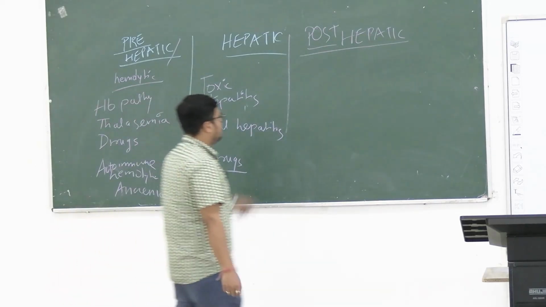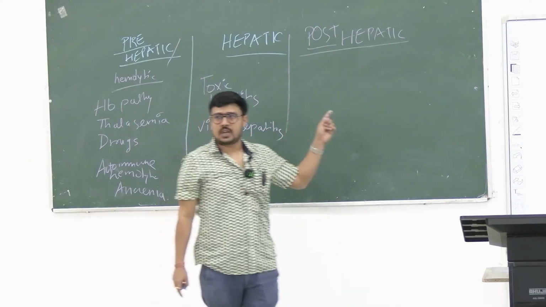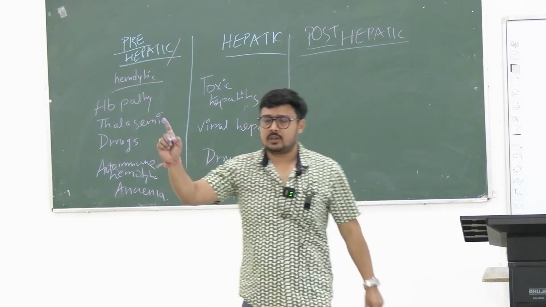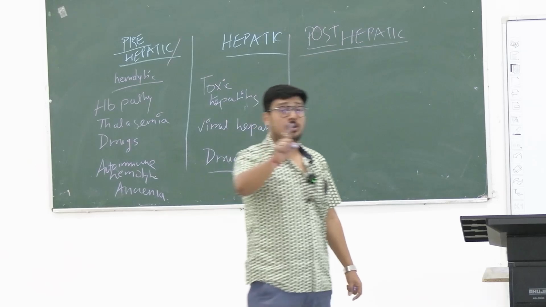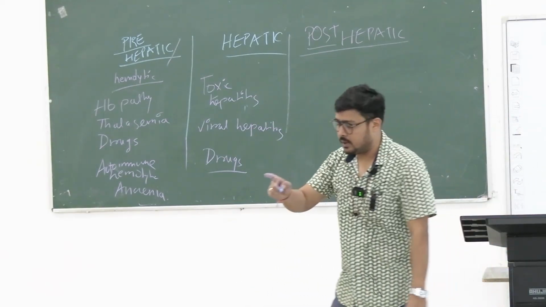Okay. So here, after conjugation of the bilirubin, production level checked, no problem. Conjugation level checked, no problem. Now the problem lies within the transportation level, the logistic level.